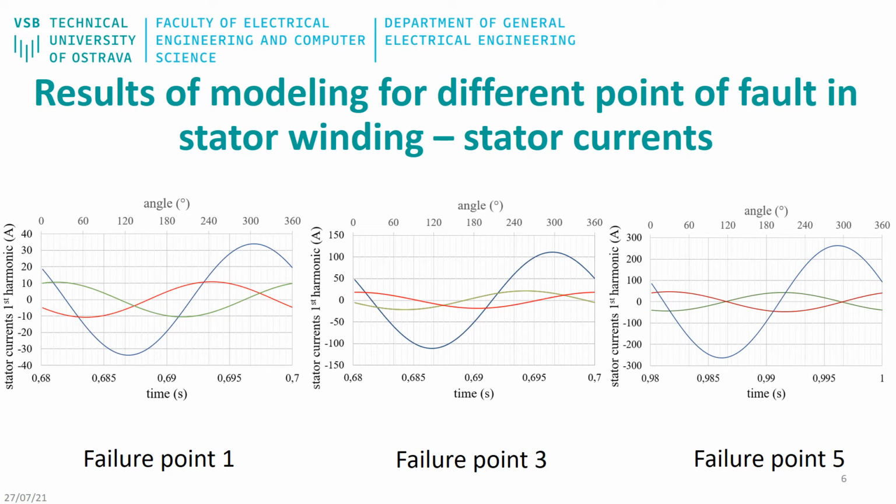Also, the phase shift of the affected phase is not 120 degrees compared to the other unaffected phases. On the left side, we can see coil-to-ground fault 1, corresponding with the ideal diagram on page 3. In the middle is fault point 3 and on the right side is fault point 5.